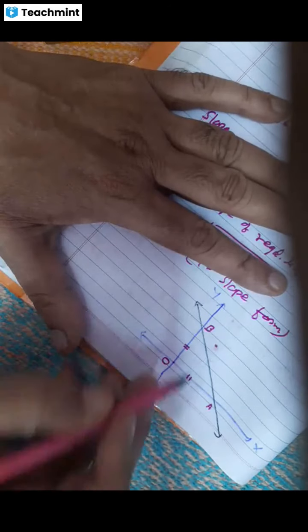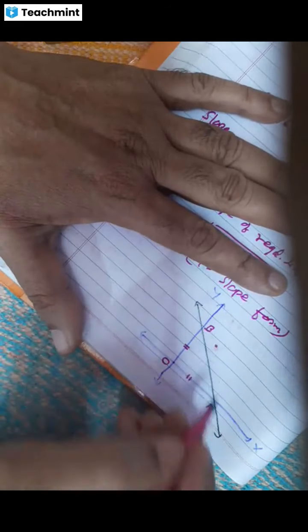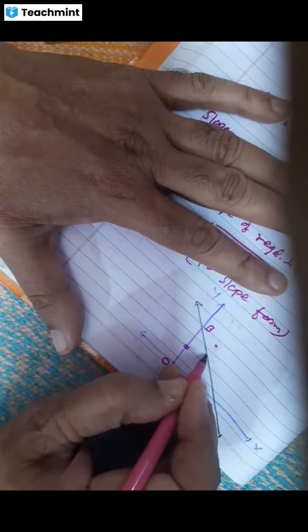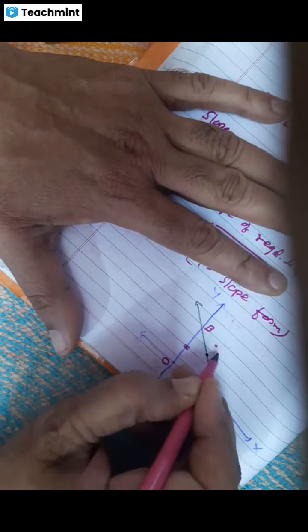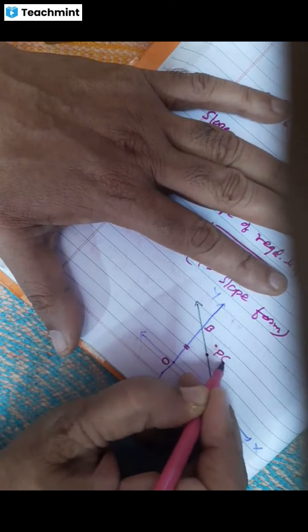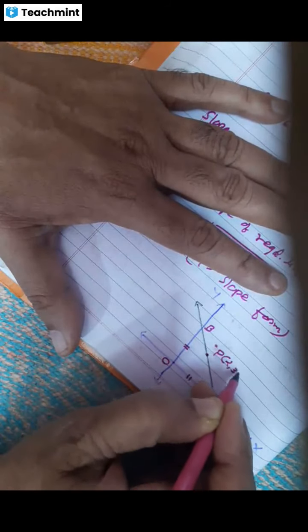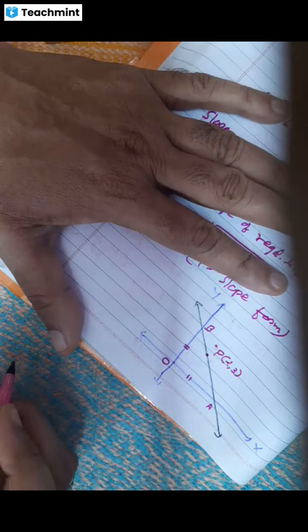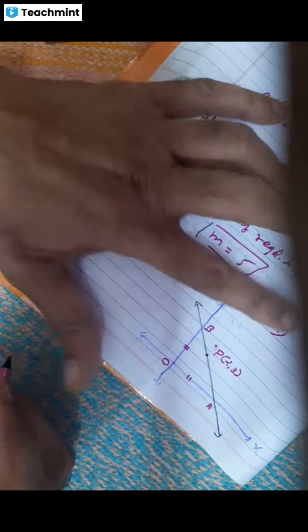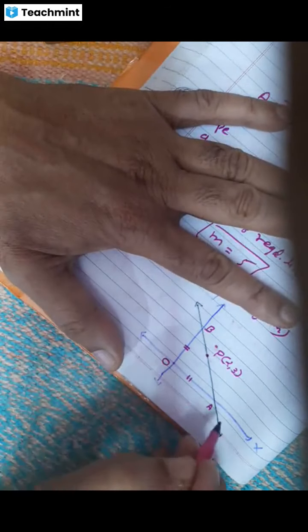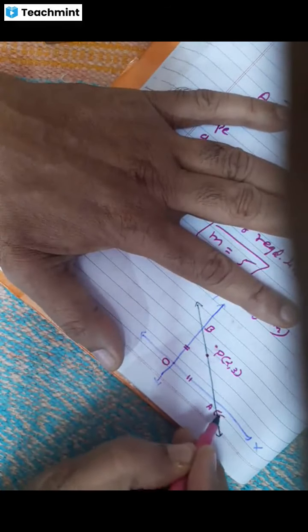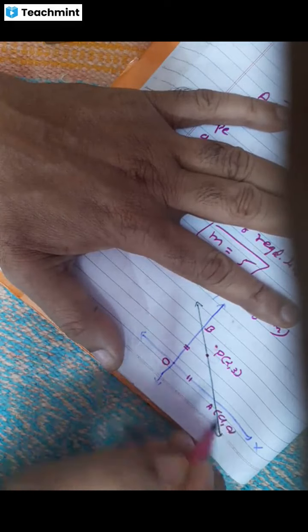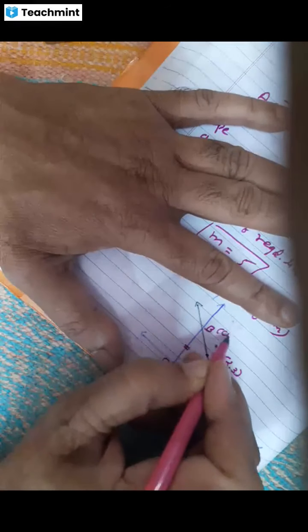And the required line is AB, which is passing through the point (2, 3). So (2, 3) will be somewhere here, say P. In the first quadrant, obviously, (2, 3). Now, equal intercept. So if this is A0, then B will be 0A.